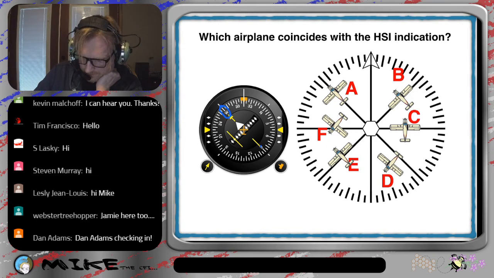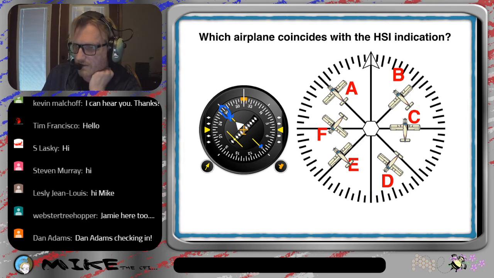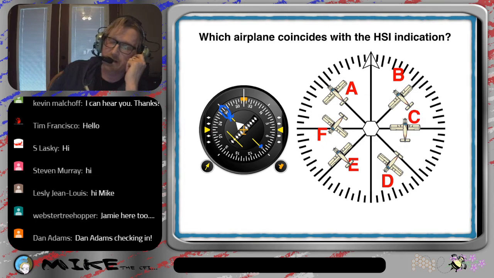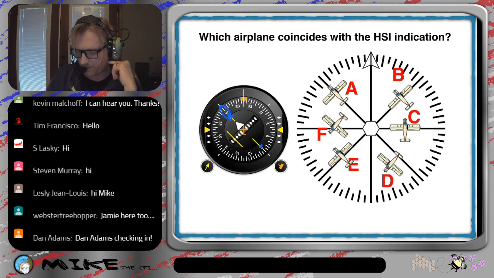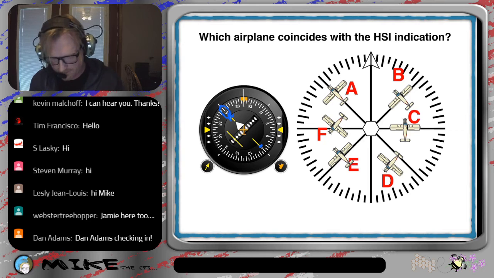So that would be your TO indication, and this would be your radial or whatever from it. One of the nice things about the HSI is you don't have to worry so much about what we call reverse sensing. Whether you have it tuned in 180 degrees out of phase, it's still going to show where you are relative to your course line.